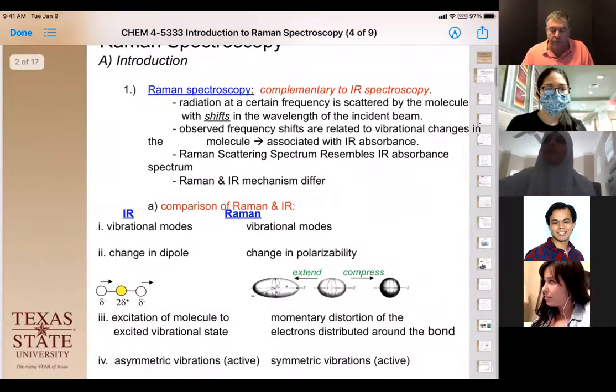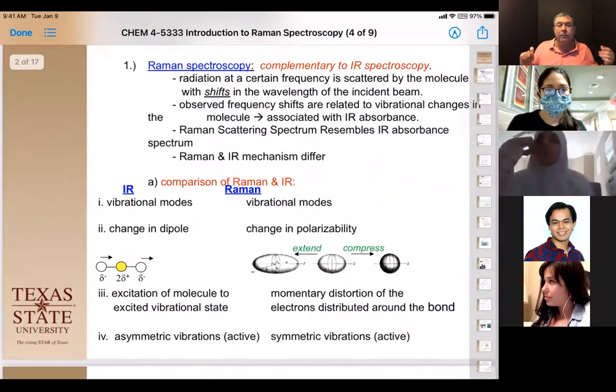Okay, so first and foremost, in Raman spectroscopy, we are looking for a change in polarizability, not a change in dipole. So that's the big difference between them, okay? So in IR spectroscopy, we typically look at the absorption of an energy.